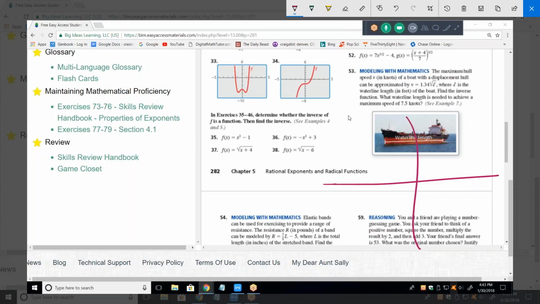It's not called a vertex. You could call it the beginning point, I guess. You're right. It's at 6, 0. But the way you want to talk about this is it's the square root function shifted 6 horizontally.